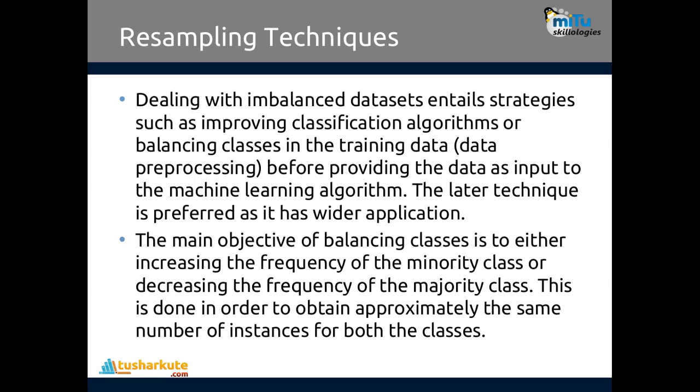The main objective of balancing classes is to either increase the frequency of the minority class or decrease the frequency of the majority class. This is done in order to obtain approximately the same number of instances for both classes. So the simple technique we prefer is that the majority class can be decreased or the minority class can be increased. This is what we call resampling.